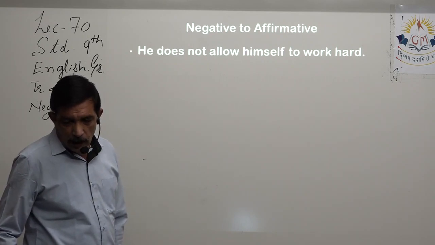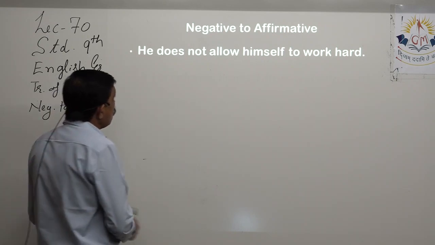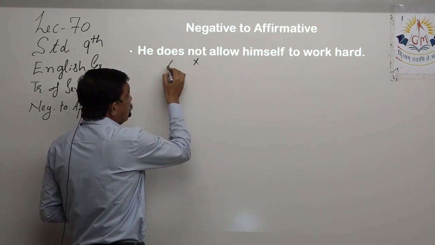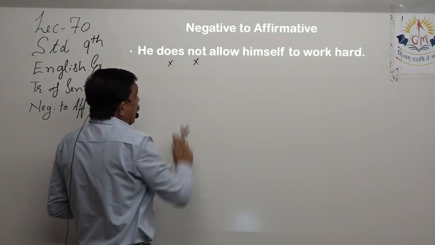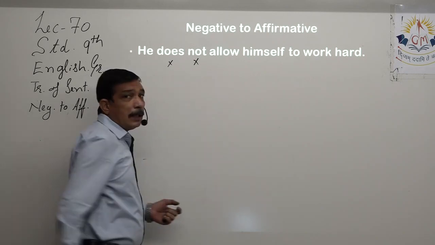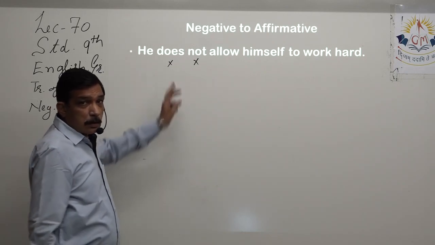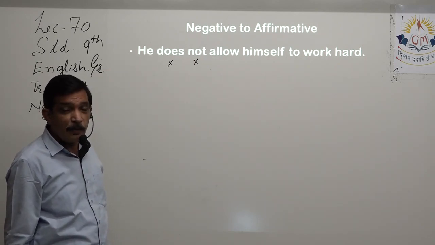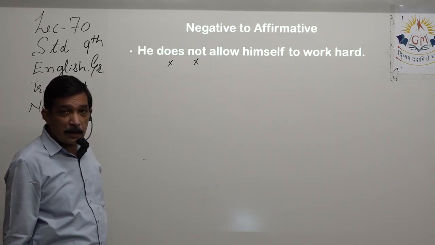Now, let us see. This is negation, "not", but along with that negation, "does" also goes. "Does not allow", "unallow"? Unallow is no word, right? Unallow, misallow, disallow.